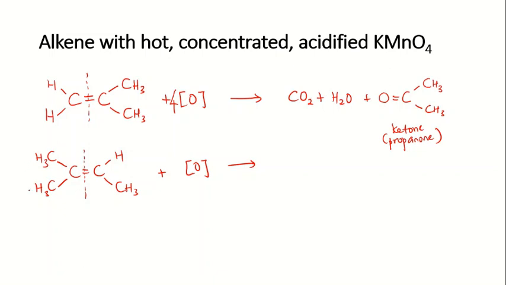So the left-hand side carbon is bonded to two alkyl groups. So add an oxygen to the double bond. Then the carbon is also bonded to two CH3 groups. Now again, this is a propanone, which cannot be further oxidized by acidified KMnO4. So this is one of our products.